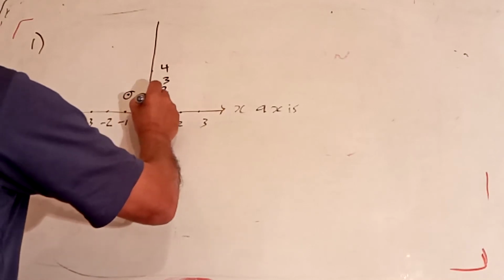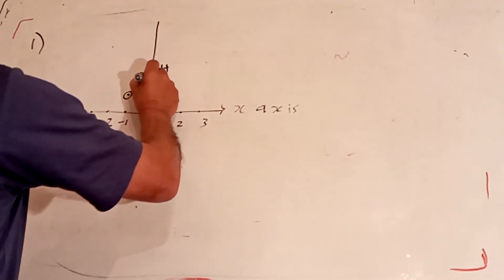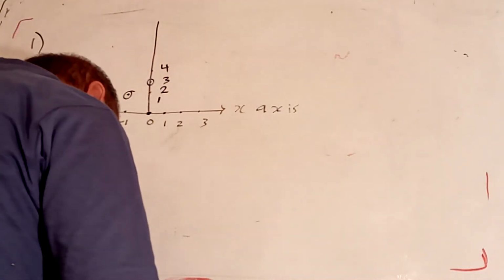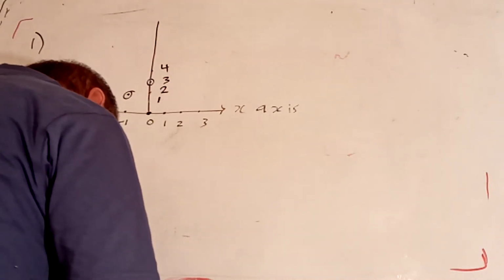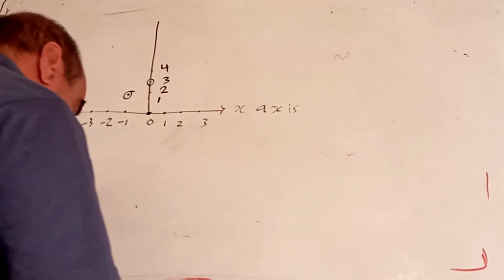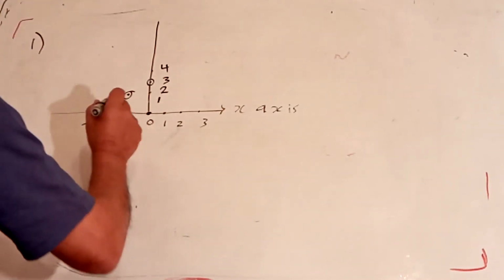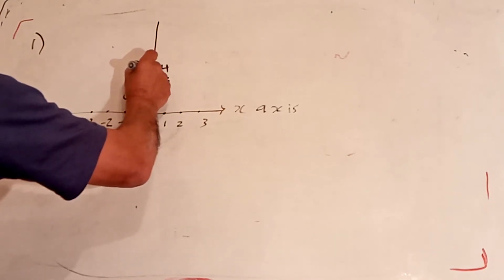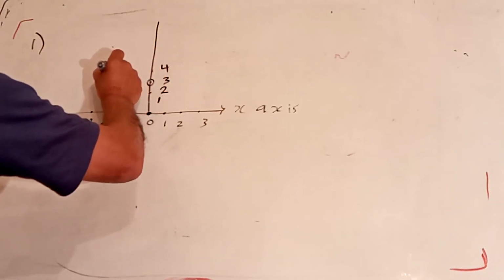This is the point, 0 and 3. The other point is -2 and +4. -2, this is -2, and we go to +4. It's this point here.